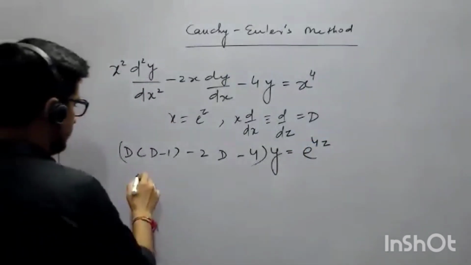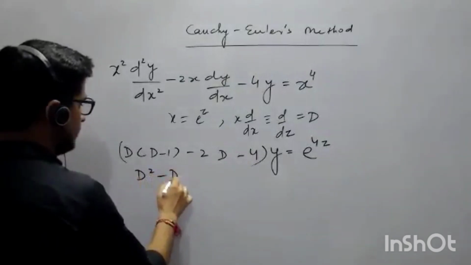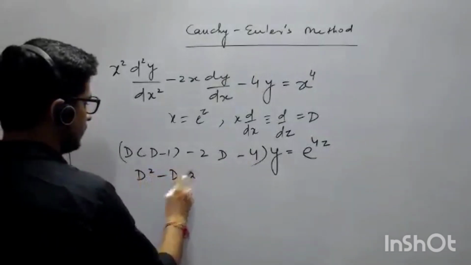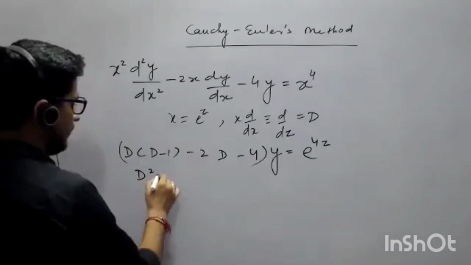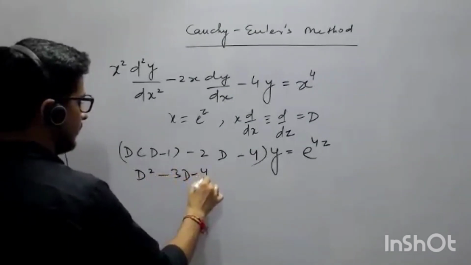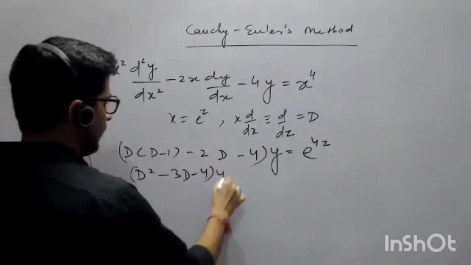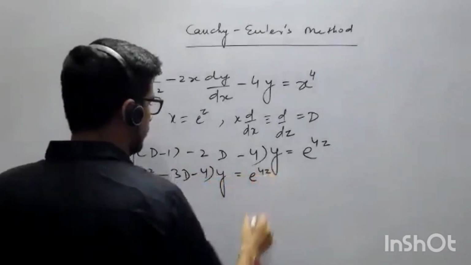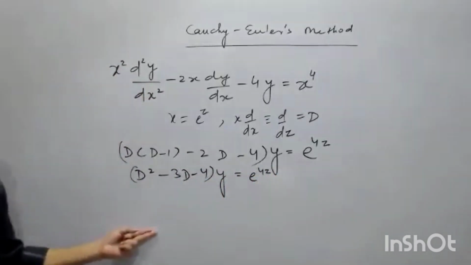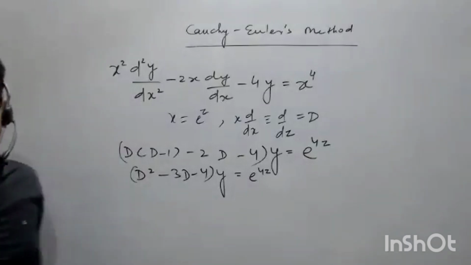So this will become d square minus d minus 2d. Let me write it like this: d square minus 3d minus 4 y is equal to e to the power 4z. So from here onwards it is your normal equation, which you can already solve.